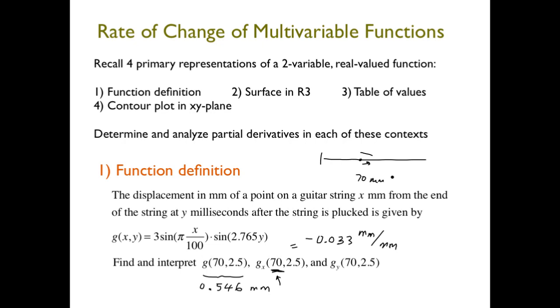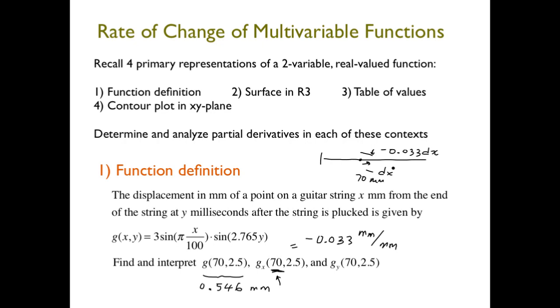Given a little change in x, you would take negative 0.033 times that change in x, and that would tell you how much lower the string would be. Is that consistent with what we did before? So go a little bit further down, and the string is going to be 0.033 dx lower than it was at 70.